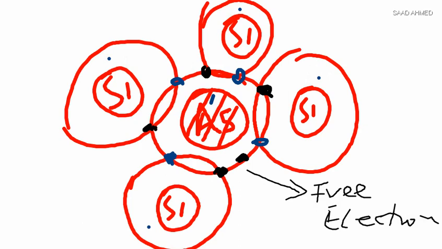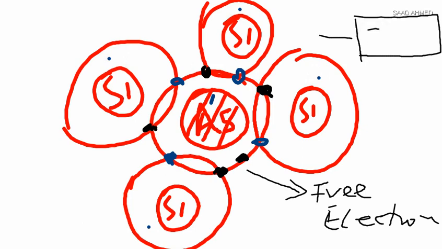So this is the one which can be dislodged easily, and when you show it in a diagram, this is a silicon piece with 2 terminals, and if I have added 1 arsenic atom, then it's going to give you 1 free electron.